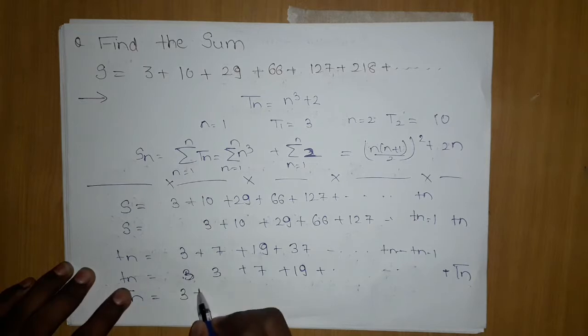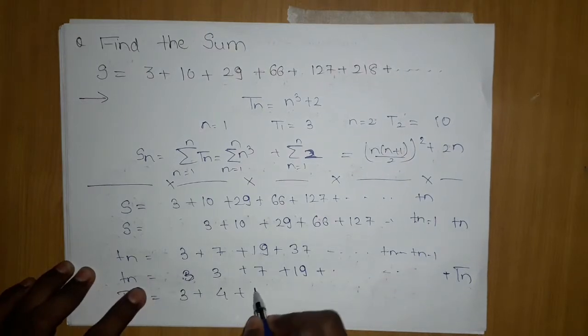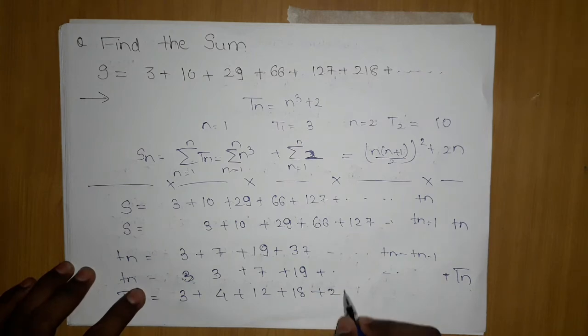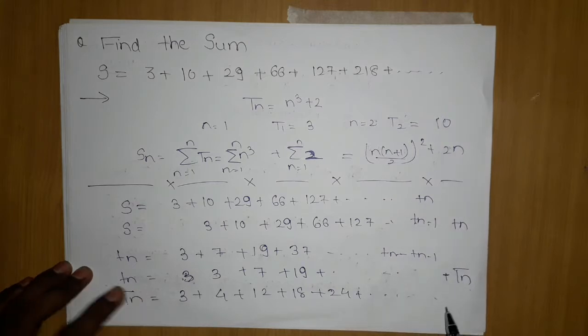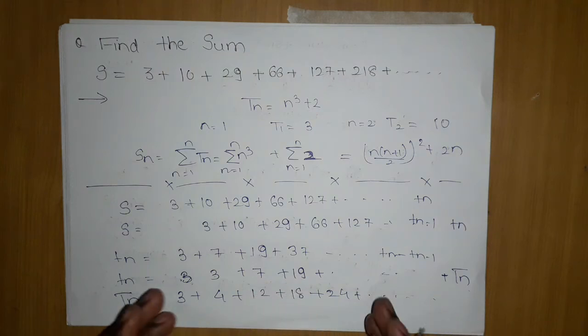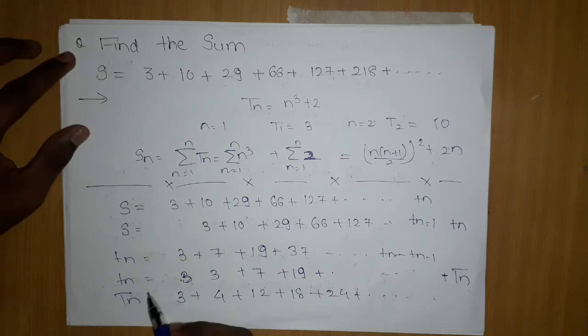Now let's see what we are getting: 2 plus 4 plus 12 plus 18 plus 34. What will be the next term? 24, and so on. So we got our new Tn. Why did I tell you we can do it twice or thrice? Depending on our necessity, can we predict the series or not. If you can predict the series, you don't need to do this. Here we cannot predict the series, so I did it again.